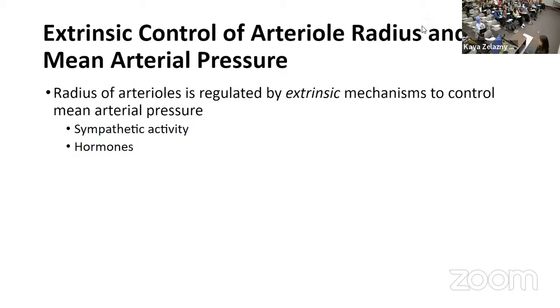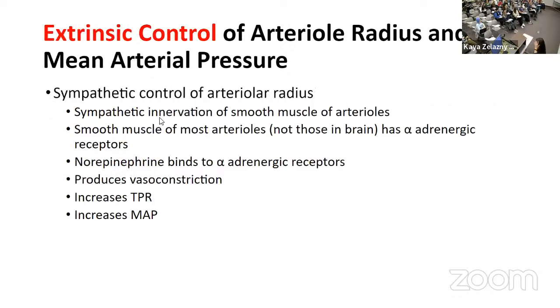So when we're controlling our arterioles by extrinsic mechanisms, it's largely going to be through sympathetic activity, as well as through some related hormones. So we're still just talking about controlling the radius of our arterioles in order to change their resistance. Right. So the sympathetic nervous system is the main part of this control.